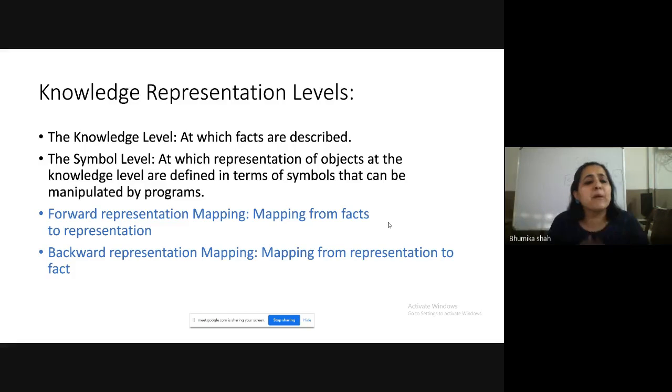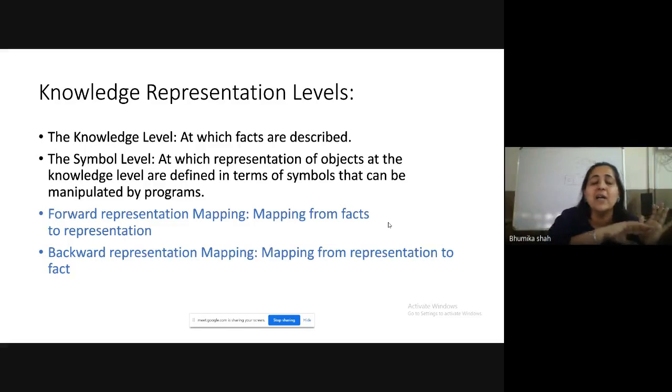Now for performing all this at the knowledge level as well as the symbol level, two kinds of mappings are done: the forward mapping and the backward mapping. What is forward mapping? Forward representation mapping is the mapping from facts to their representation.